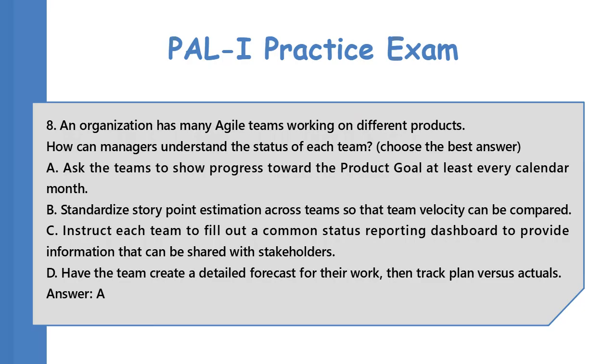B. Standardize story point estimation across teams so that team velocity can be compared. C. Instruct each team to fill out a common status reporting dashboard to provide information that can be shared with stakeholders. D. Have the team create a detailed forecast for their work, then track plan versus actuals.